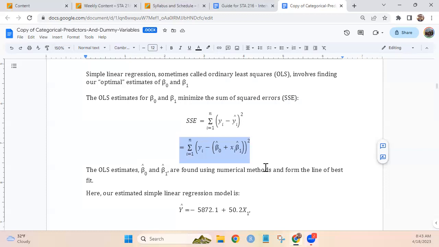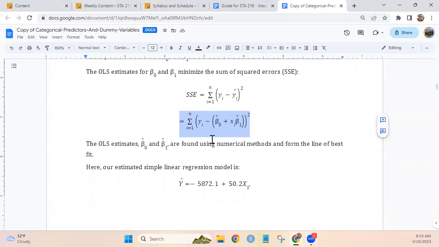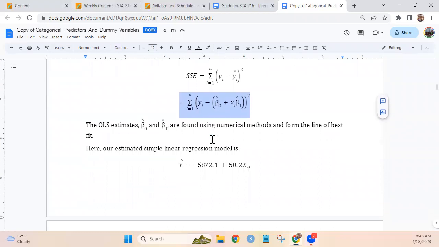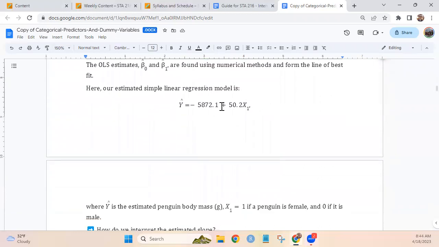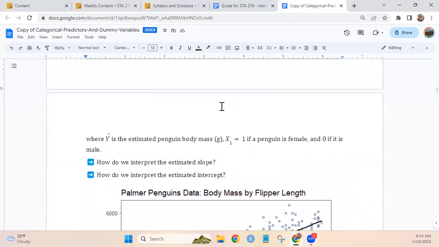It finds where the derivative is 0, gives us that, and does the same thing for the slope at the same time. You don't have to worry about that though, because SAS does that for us. But honestly, it's not too bad. There's a nice solution for it.